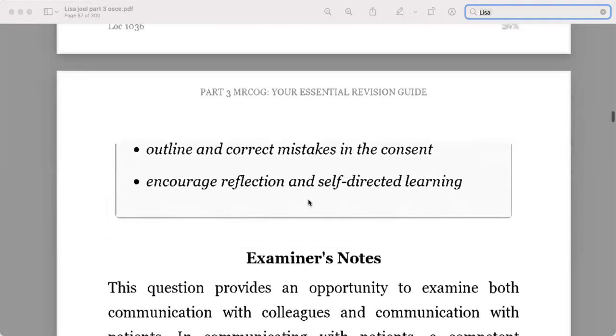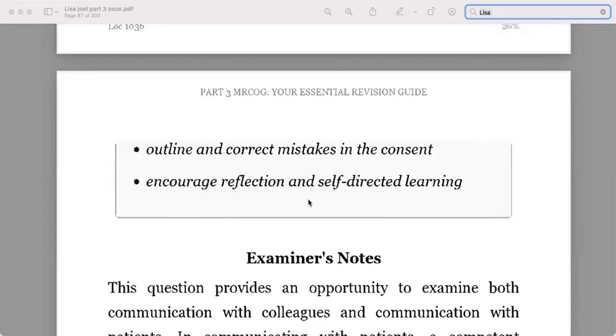Regarding the reflection, it's very important that the trainee does not feel offended or undermined by your comments. So encourage the trainee simply to reflect on themselves, and see how they would do it next time in a better way.